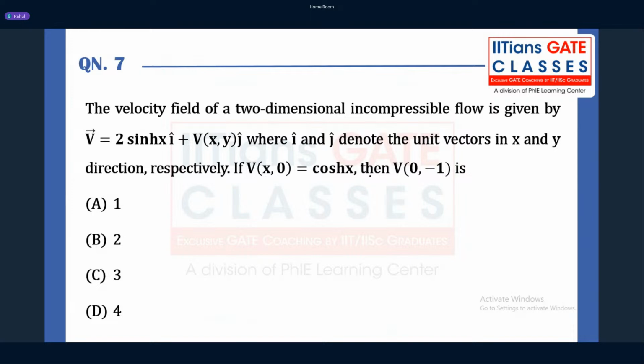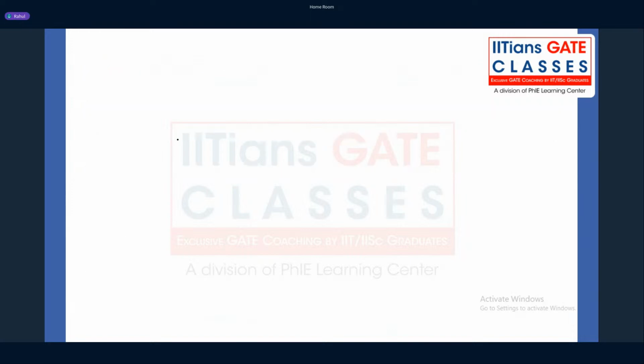So what velocity field have they given? 2 sinh x i cap plus v of x,y j cap, where the u component is 2 sinh x, and the v component is v of x and y.